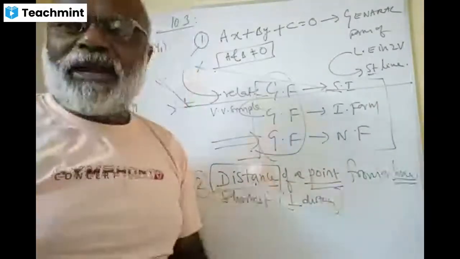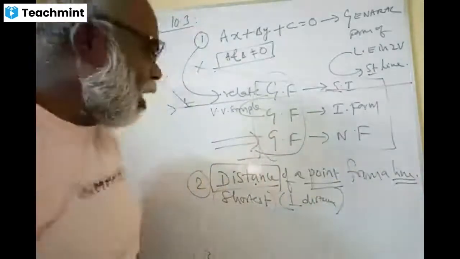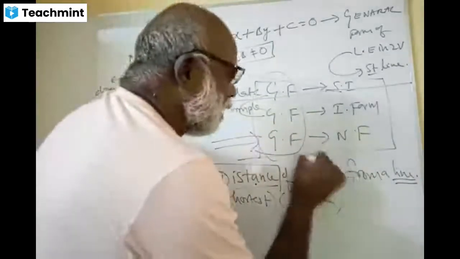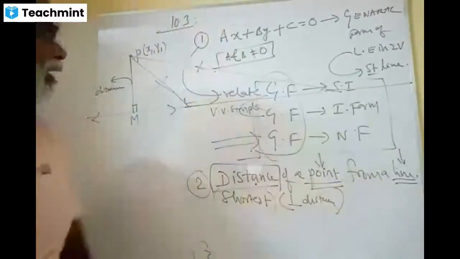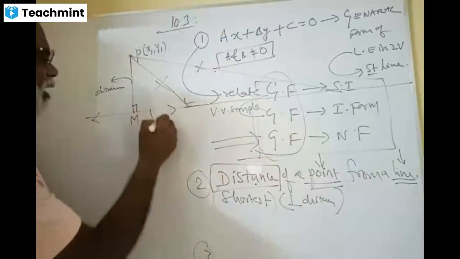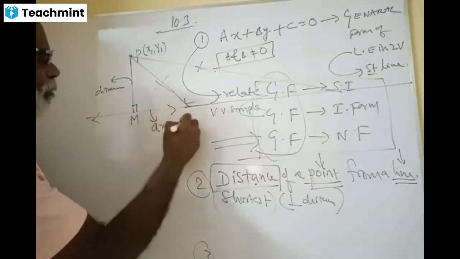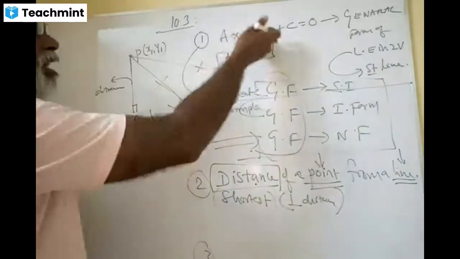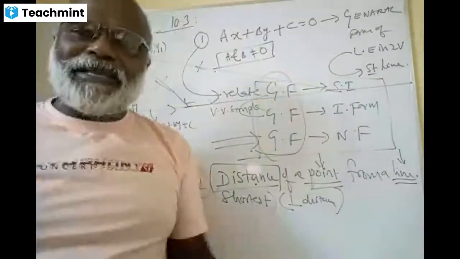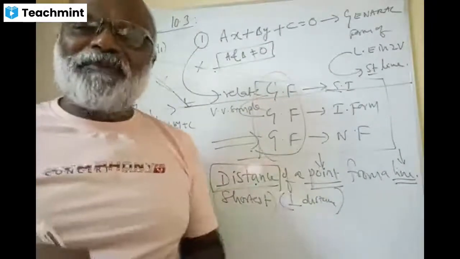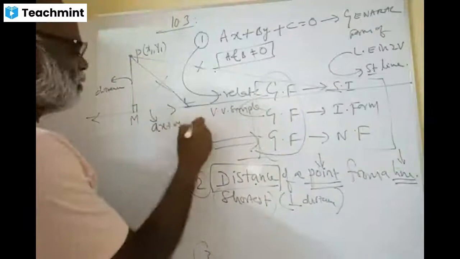What an interesting one, right? So, two things must be given. What should be given to you? A point must be given and a line must be given, my dears. So the line is given here: ax plus by plus c equal to 0, or you can represent it the way you like.